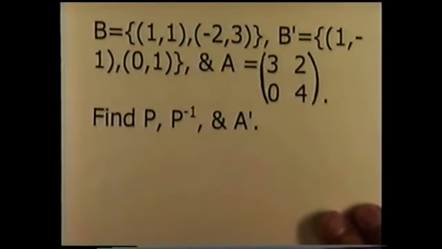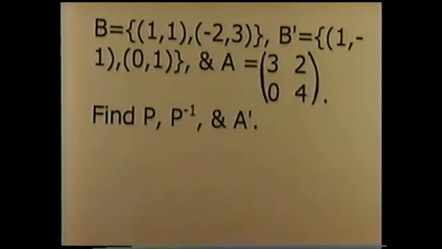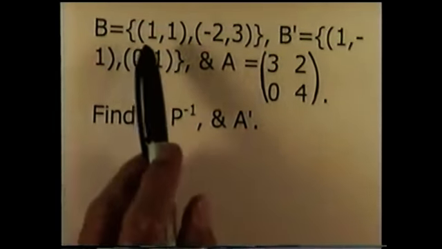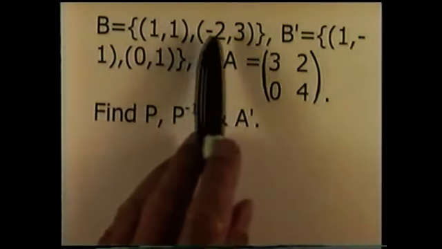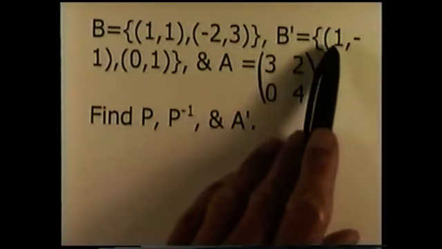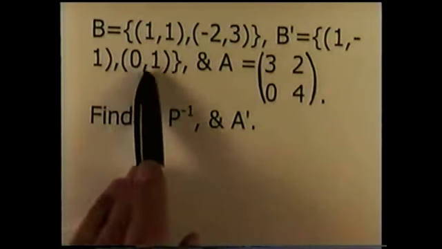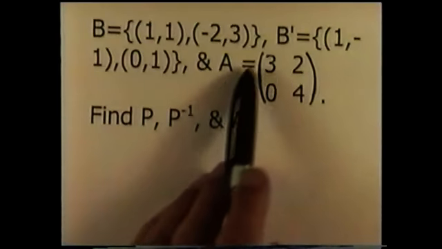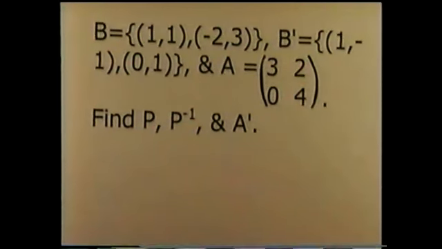Now let's look at an example in which neither base is the standard base. Base B is 1, 1, negative 2, 3. B prime is 1, negative 1, 0, 1. And A is 3, 2, 0, 4.